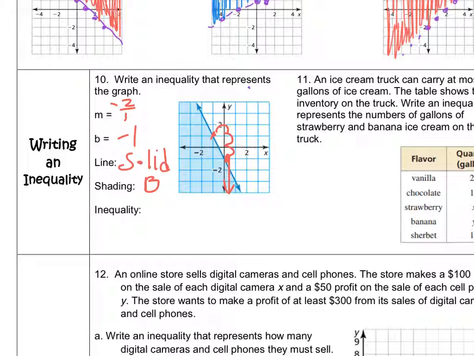So that tells me exactly what to use for my inequality. I've got y, shaded below, so less than, solid, less than or equal to, and then I've got -2x minus 1. So it's using pretty much everything we already know, but adding on if it's a solid or dotted line and which way you are shading.